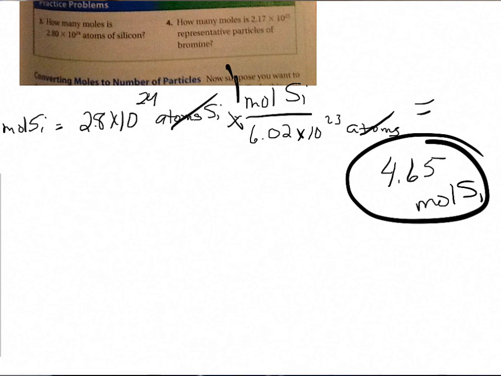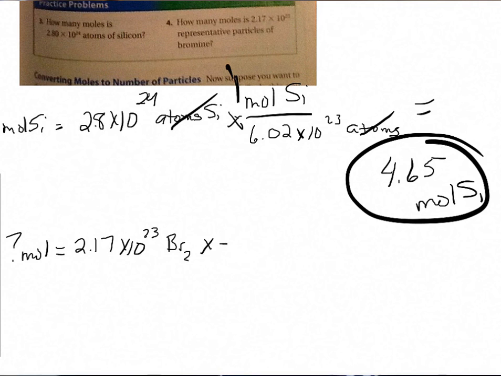Number 4 says how many moles is 2.17 times 10 to the 23rd representative particles of bromine. So we want to know how many moles equals 2.17 times 10 to the 23rd representative particles of bromine. Bromine happens to be a molecule because it's one of those Br2s, it's one of those diatomics.